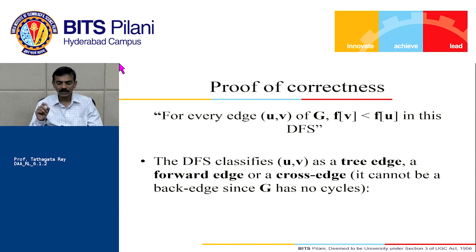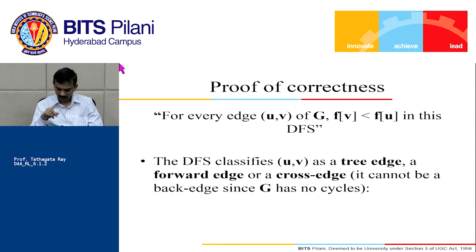The depth first search, if you recall, classifies every edge as a tree edge, forward edge, back edge, or a cross edge. So here the depth first search classifies uv as a tree edge, or a forward edge, or a cross edge, but never as a back edge. Why? Because the assumption here is the graph is not having cycles. It's a DAG, a directed acyclic graph, so it doesn't have a cycle.